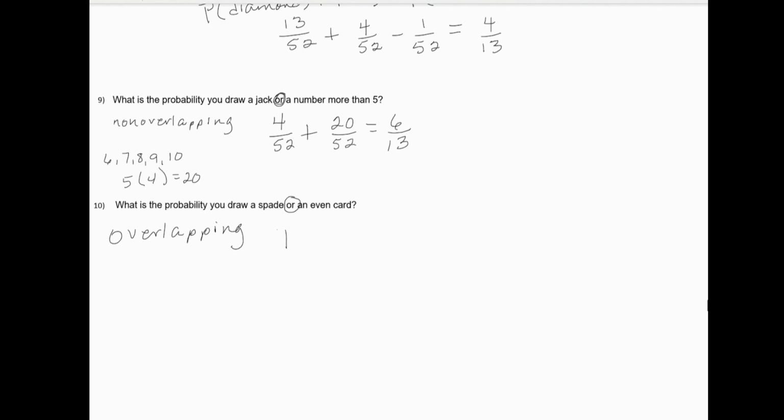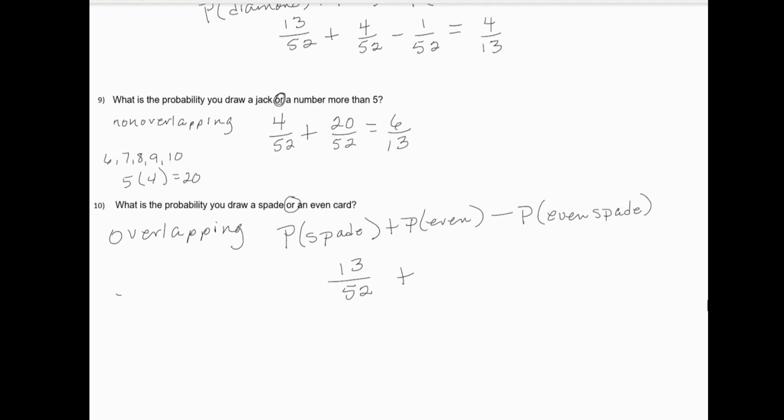So we're going to find the probability of getting a spade. Add to that the probability that we're going to have an even card. And then subtract off the probability that we get an even card that is a spade. Well, there's 13 spades, so 13 out of 52 is the probability that I get a spade.